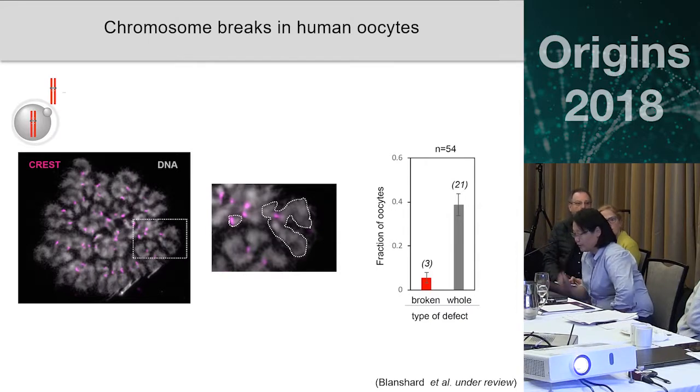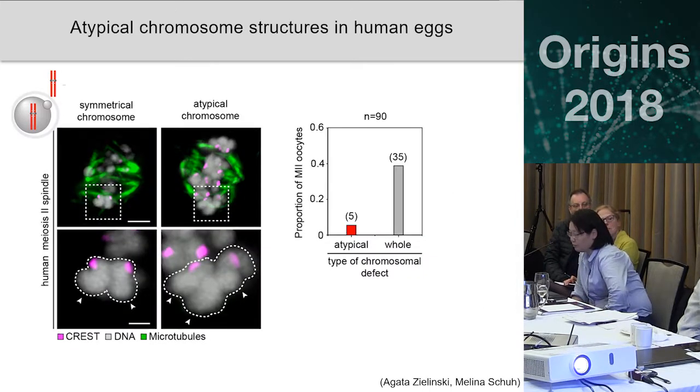We also collaborated with Agatha and Melina, who had data from their intact spindles, because when you start spreading chromosomes, although we have really great resolution, there's always the question: did we introduce artifacts?